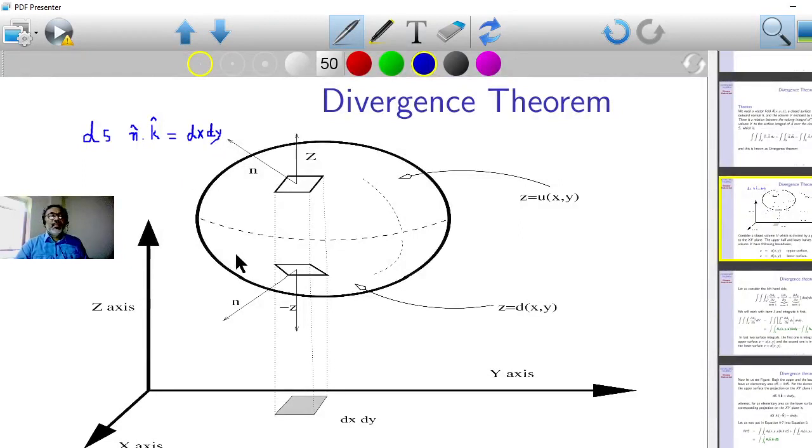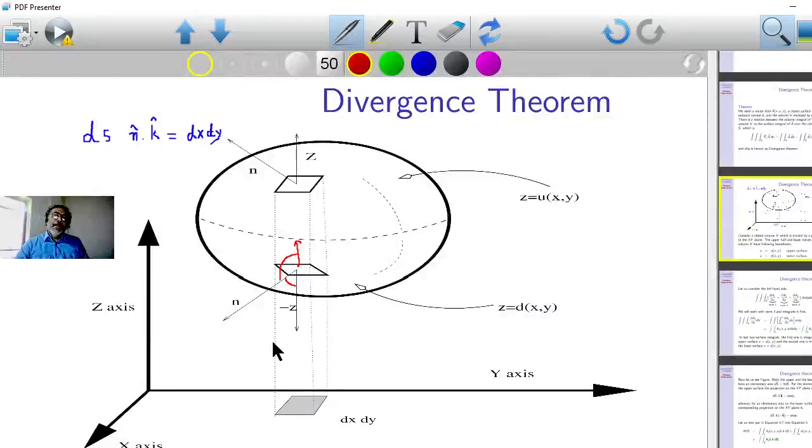But in the lower surface, the k direction is here. This is the k direction. That means the angle between the k direction and the outward normal is this. But when we have to project this differential surface onto the xy plane, we have to use this angle, not this angle. If this is theta, this is pi minus theta.